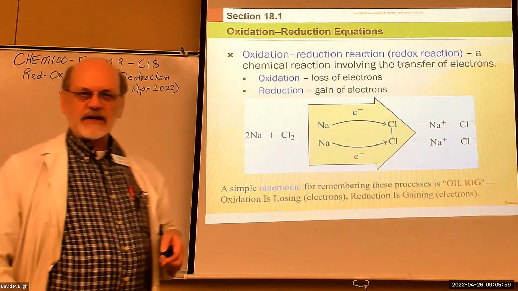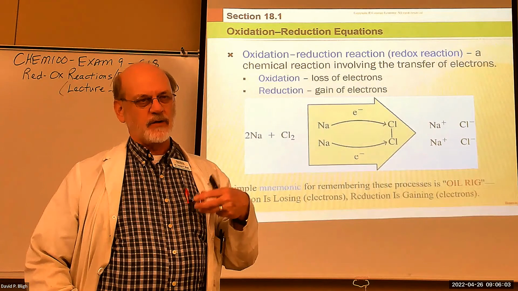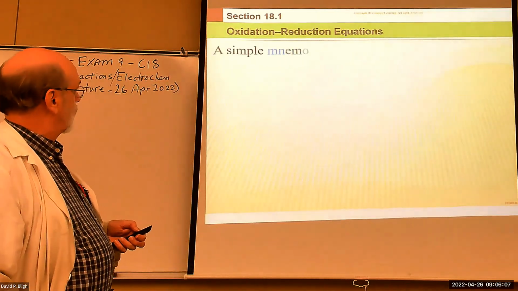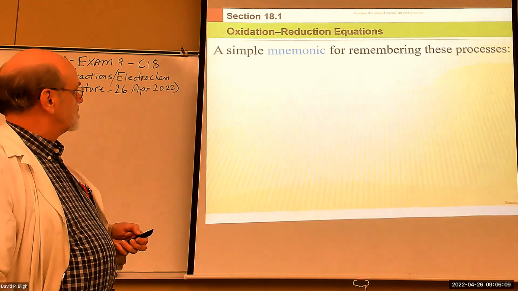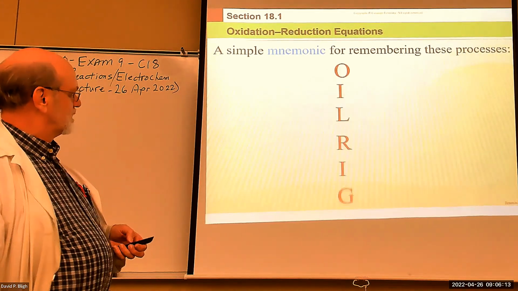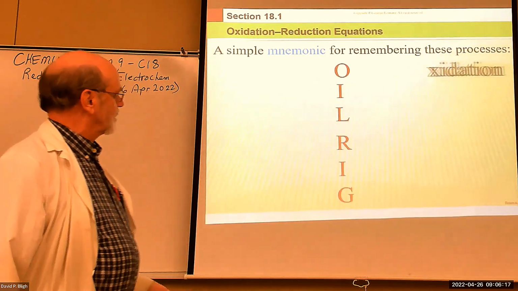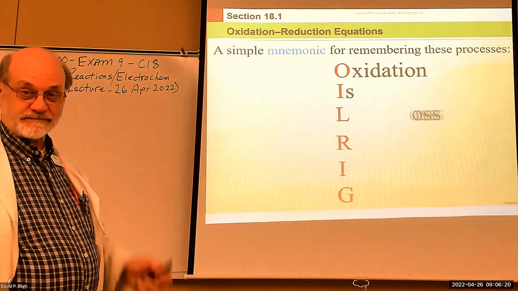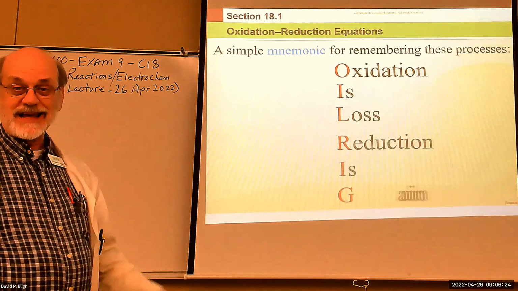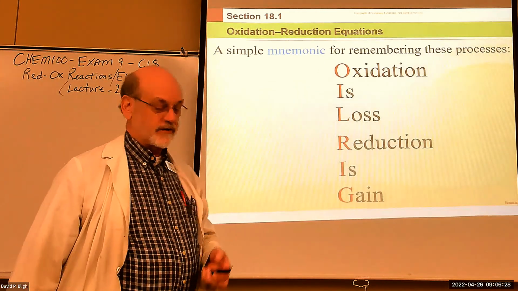And I'll show you on the next page a little mnemonic device that'll help you remember those two. It's called OIL RIG. O stands for oxidation. Oxidation is loss, and reduction is gain, in reference to transfer of electrons.